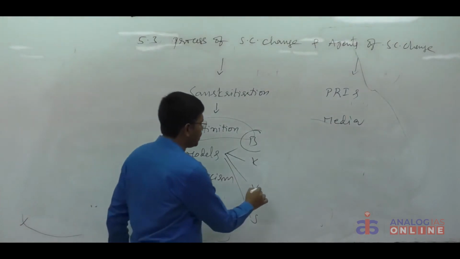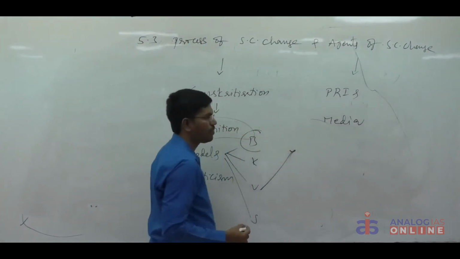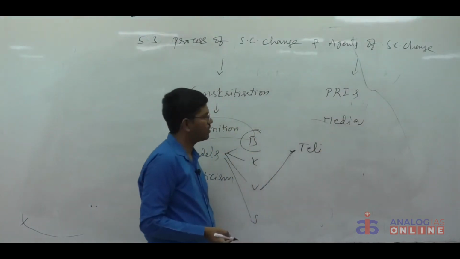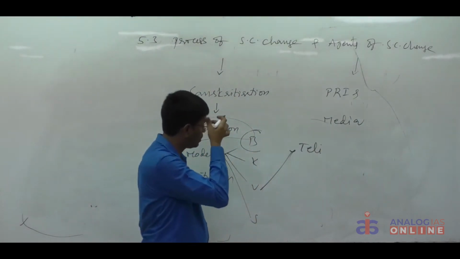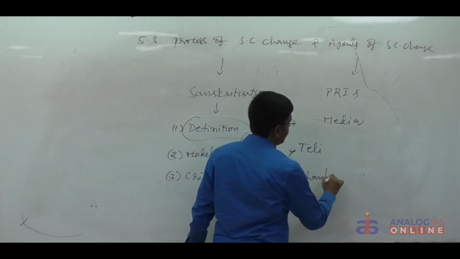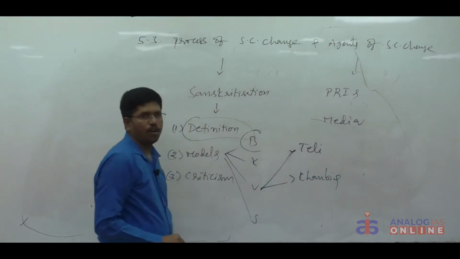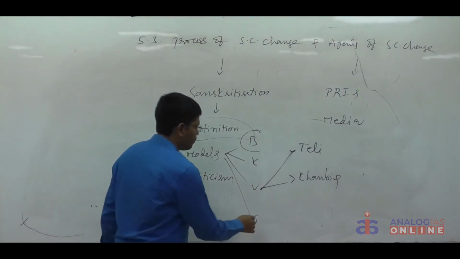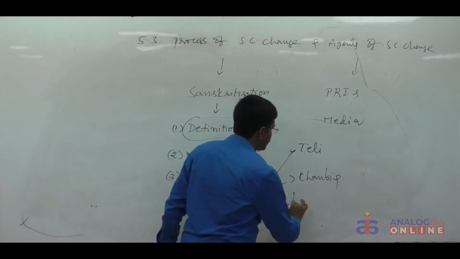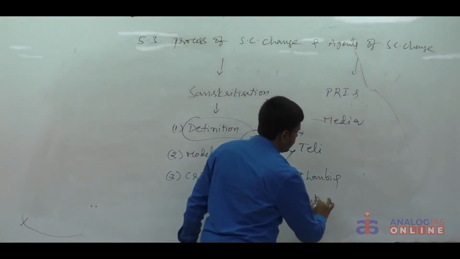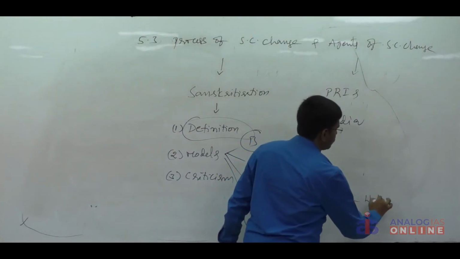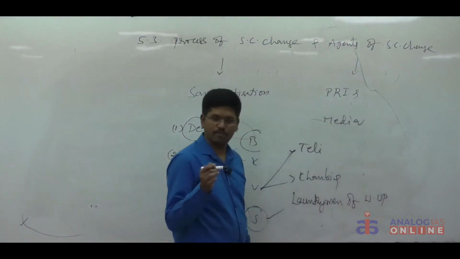For the Vaishya model of Sanskritization: Telis of Orissa, Telis meaning the oil-extracting caste, then Kanbis of Gujarat. For the Shudra model of Sanskritization: laundrymen of Western Uttar Pradesh. Don't just mention Uttar Pradesh; say Western Uttar Pradesh.